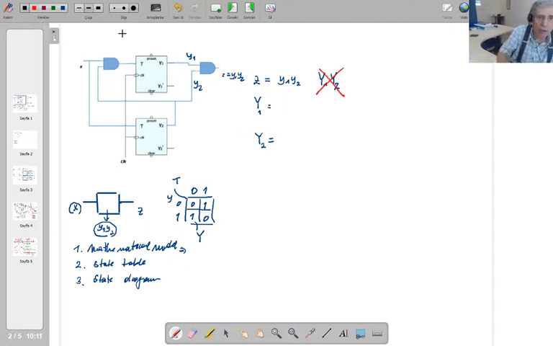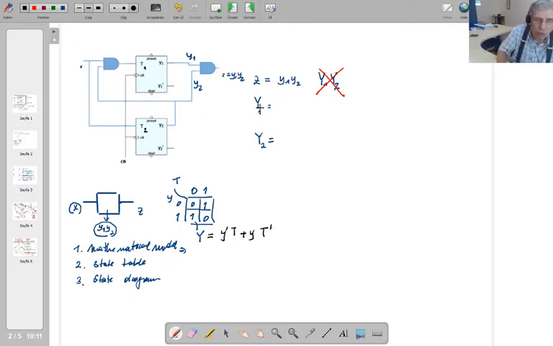So how are we going to figure out the capital Y1? First, we write the definition of Y1. Y1 is the output of this first flip-flop, and I need the definition relation of it. I can write it here: y prime t plus y t prime.